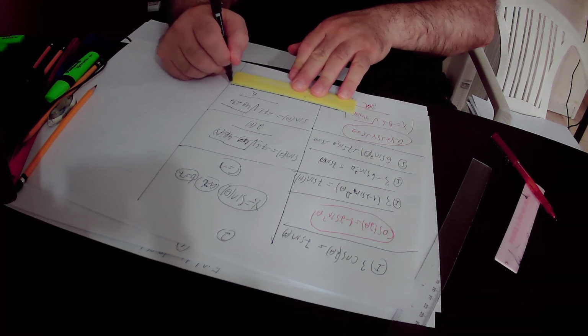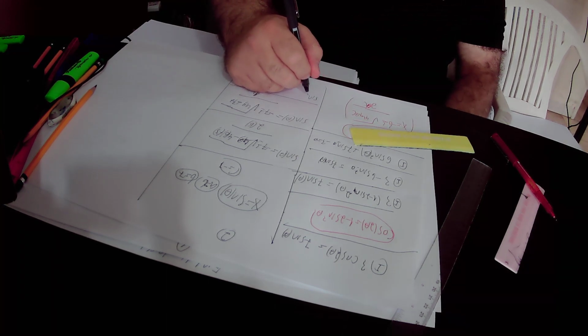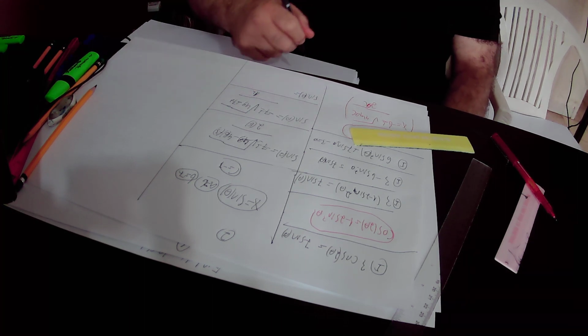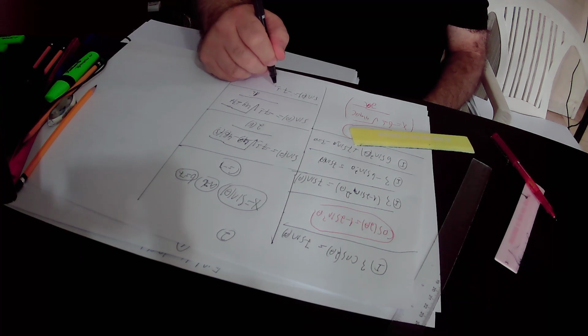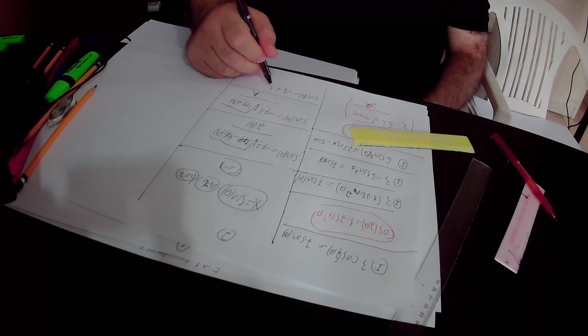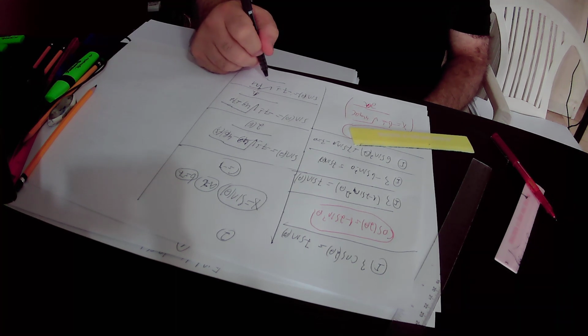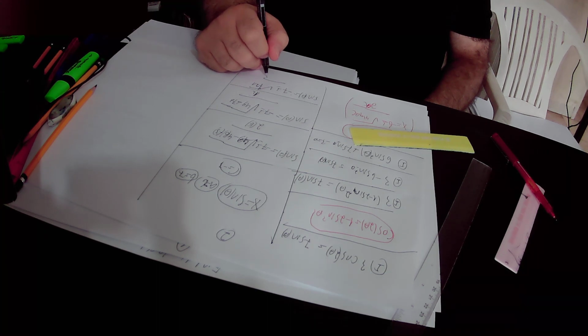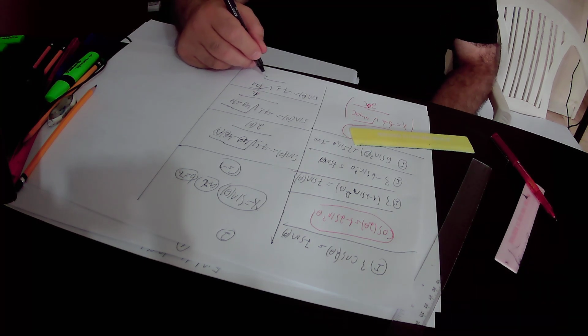So I actually found out that sine theta equals minus 7 plus minus the square root of 49 plus 72, which is 121, over 12.